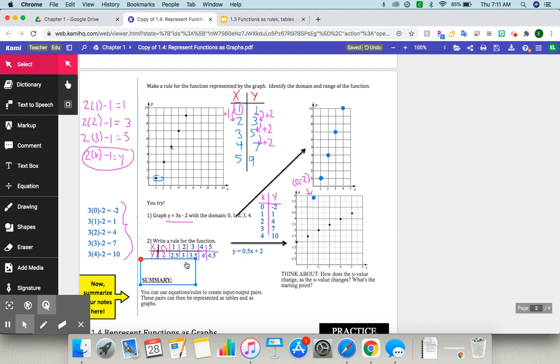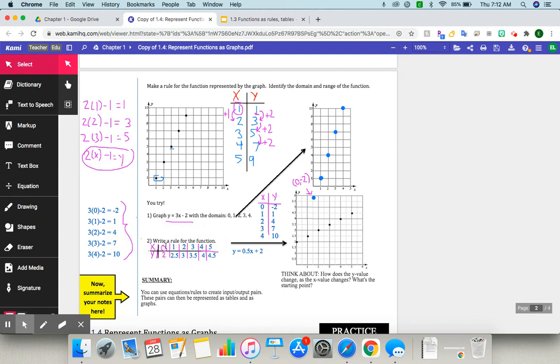Notice in the second question, we can create a table based off the points in our graph. Now, the y values are actually increasing by 0.5. So we're adding 0.5 each time. So remember, as I said up here, when you're repeatedly adding a number, that's the same as multiplication.